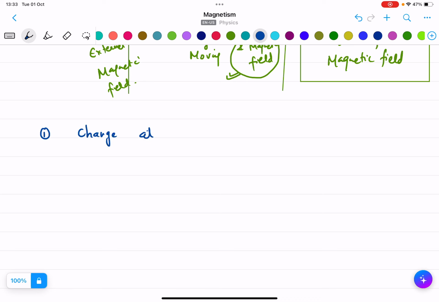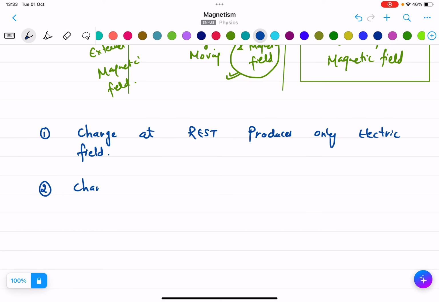Charge at rest position produces only electric field. Okay, so when the charge is at rest, it will produce only electric field, no magnetic field. But when it is moving, it will produce the electric and magnetic field both.